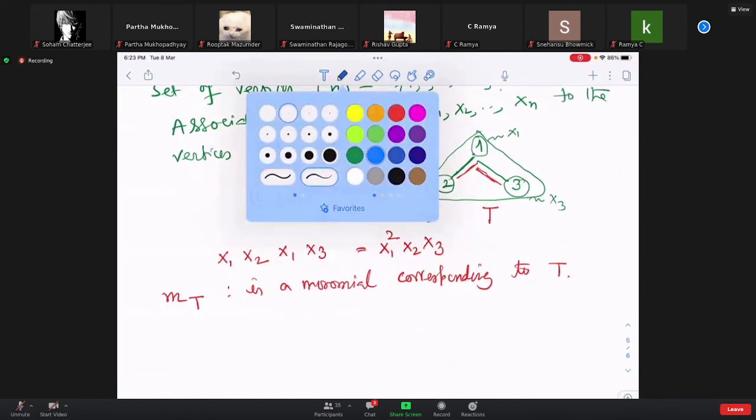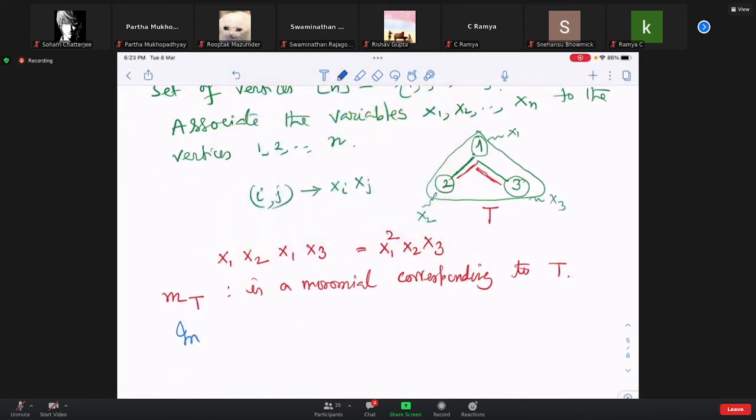What Aditi said, I'm just going to repeat. In other words, M_T is x1 to the power degree of x1, x2 to the degree of x2, up to xn.